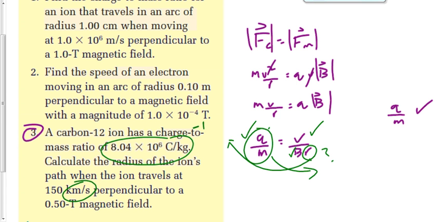Notice his value for the charge to mass ratio. This is a little aside here. What do you notice about that value? 8.04 times 10 to the 6. Is there anything special about it? Tom? It's 100,000 times smaller than the charge to mass ratio of the electron.